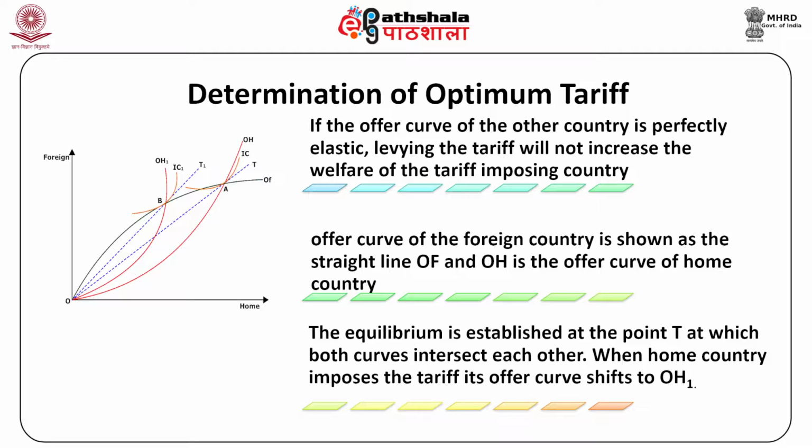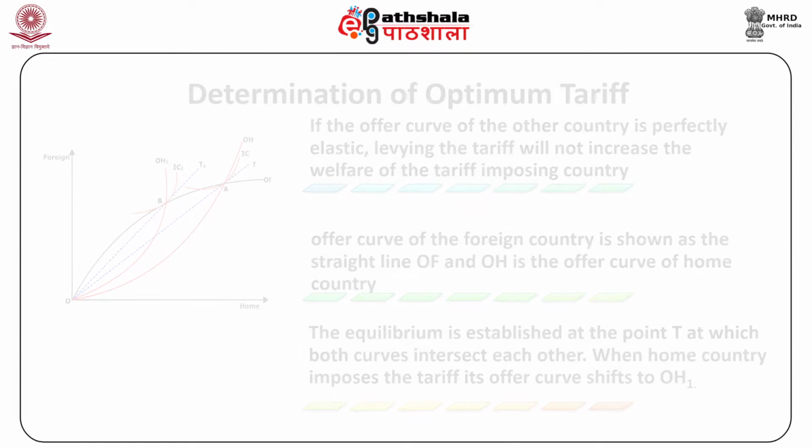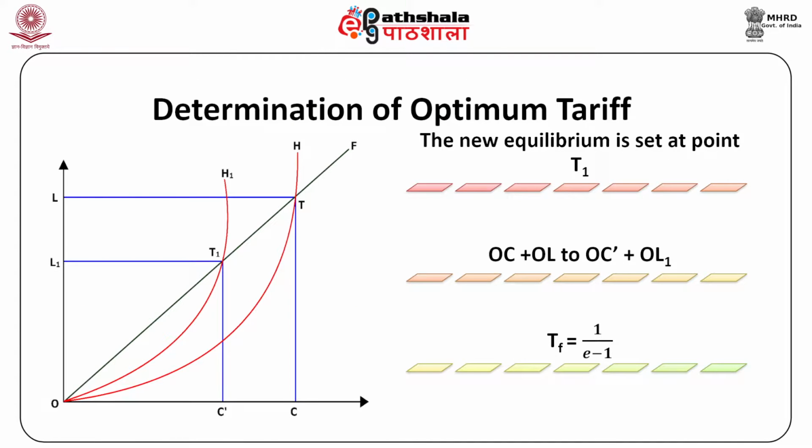The equilibrium is established at the point T at which both curves intersect each other. When the home country imposes the tariff, its offer curve shifts to OH1. The new equilibrium is set at point T1. In this case, the terms of trade remain unchanged while the volume of trade is reduced from OC plus OL to OC dash plus OL1.